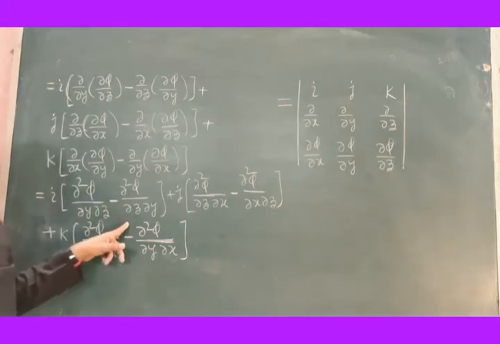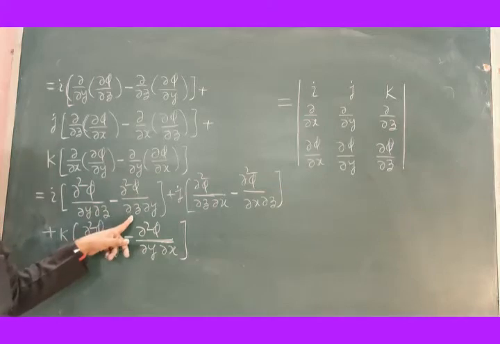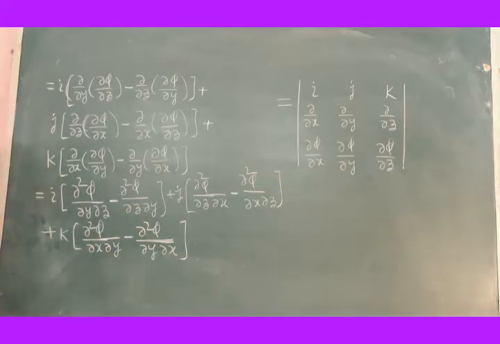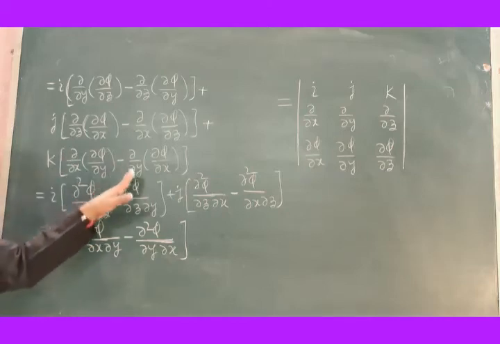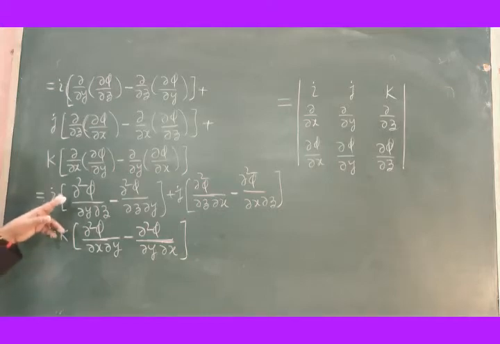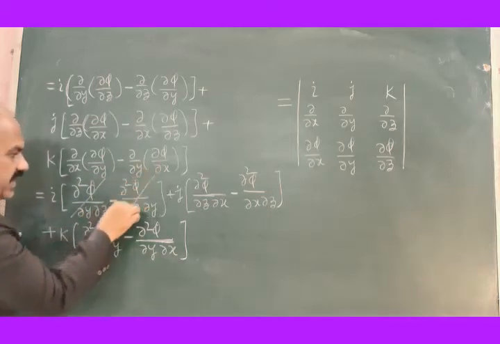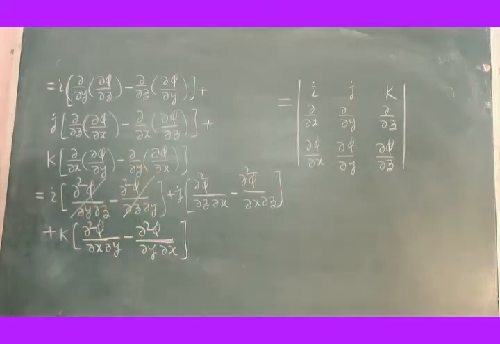And what is the meaning of this? Phi is first differentiated with respect to z, then differentiated with respect to y. So these two terms are same, but one is positive, other is negative. So this positive term gets cancelled with this negative term.